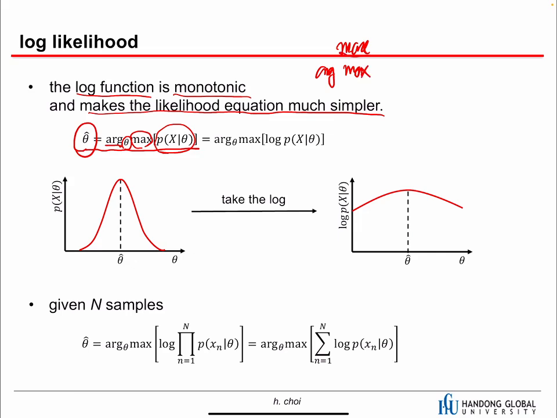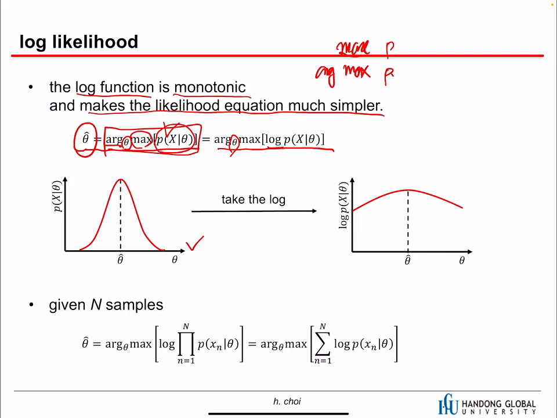So max is the maximum value, and arg max is the parameter that maximizes the function. So this one is about the parameter which maximizes the function. And then if we take a log, then this one is not changing. Maximum value is changing, but the parameter is not changing.